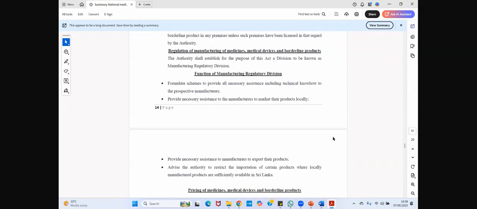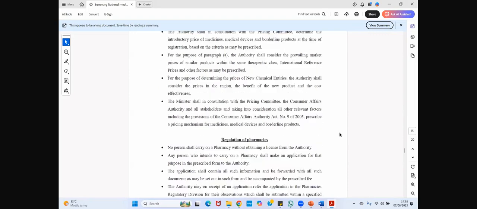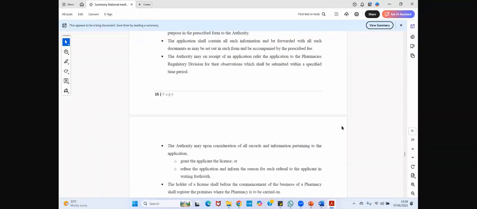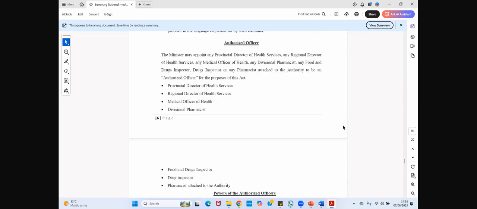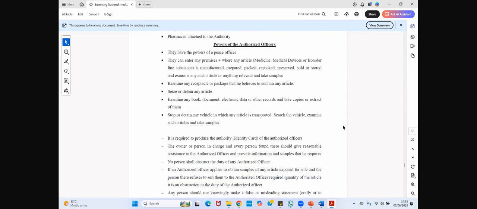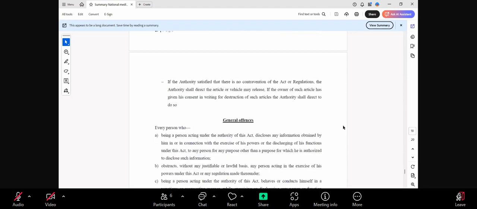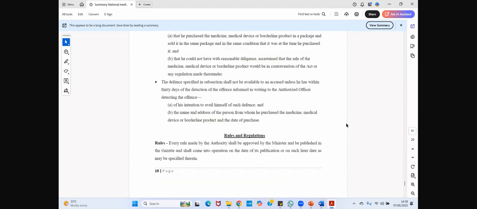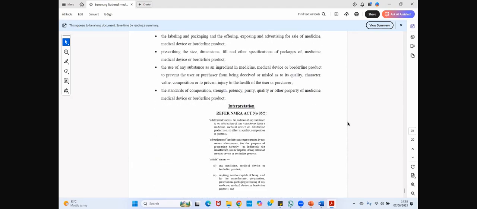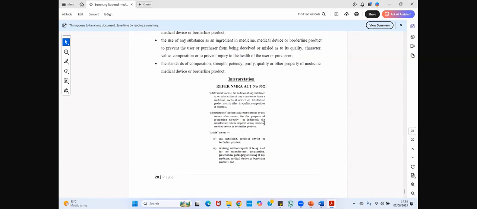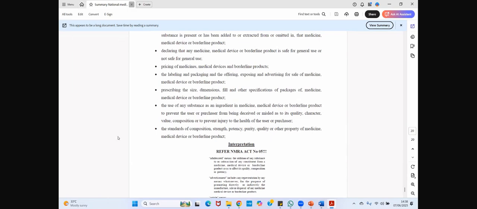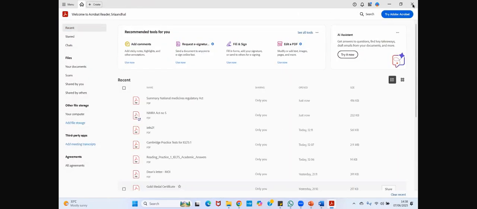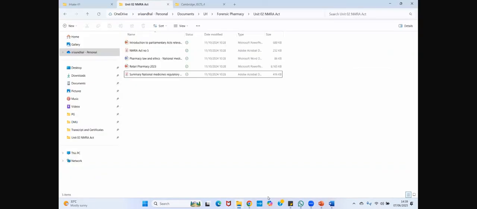And function of manufacturing regulatory division, pricing, regulations for pharmacies, authorized officer, power of authorized officer, general offenses, punishment, defense, rules and regulations, interpretation, right? So maybe I recommend you all to read this one if you are going for an exam rather than checking the entire these things, right?